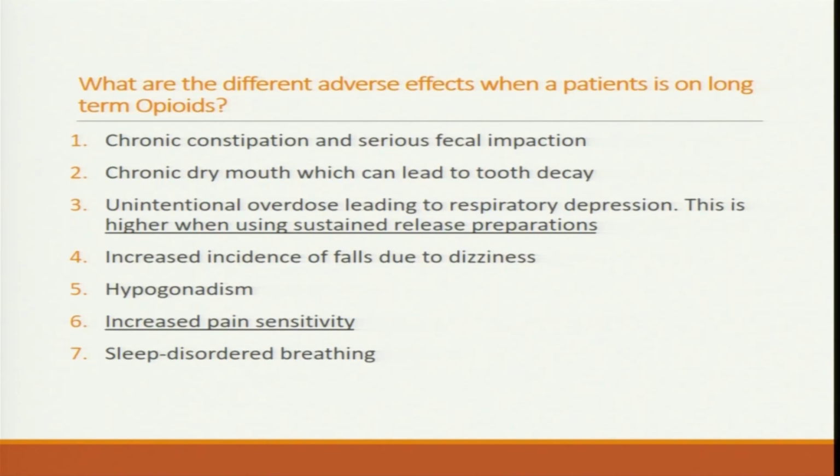On long term adverse effects, very few adverse effects have been noted, which can be severe constipation with fecal impaction, dryness of mouth, tooth decay, increased incidence of falls and dizziness, hypogonadism, increased pain sensitivity and sleep disordered breathing.